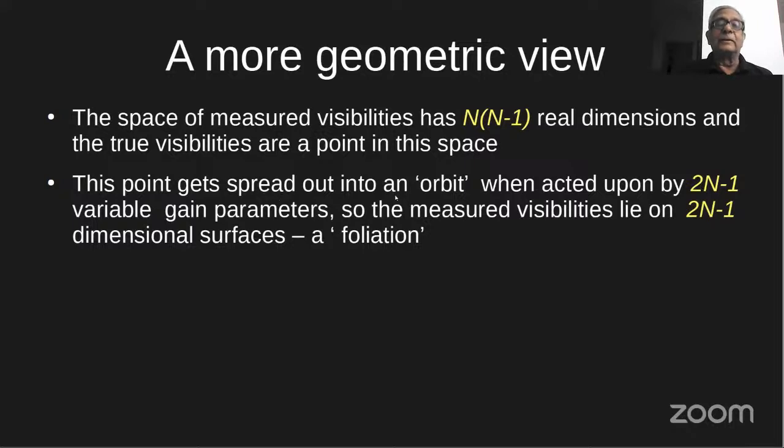So every true visibility belongs to a kind of sheet, if you like. The mathematicians call it a foliation or something. And this sheet is 2n-1 dimensional, so 59 dimensional, and that represents all the possible measured visibilities that you might get, depending on the values of gain, from this one true visibility. So this entire space is filled with these 2n-1 dimensional objects.